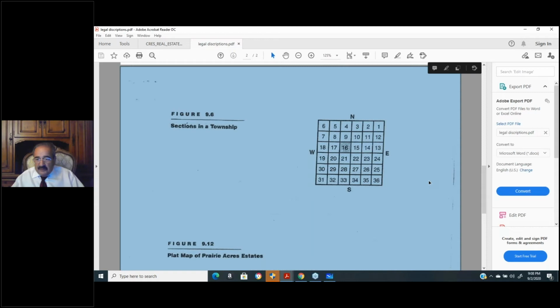What section number is east of section number 13? So we're kind of split on this one. A couple of you got it right. The number is 18. What's east of section number 13 is 18.